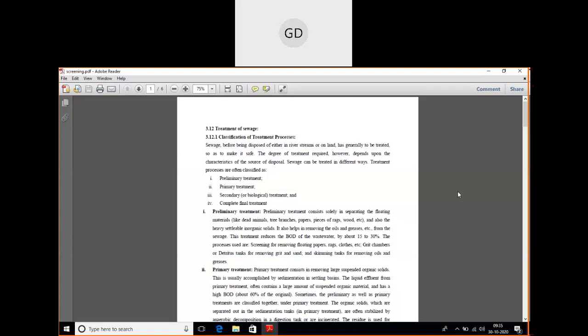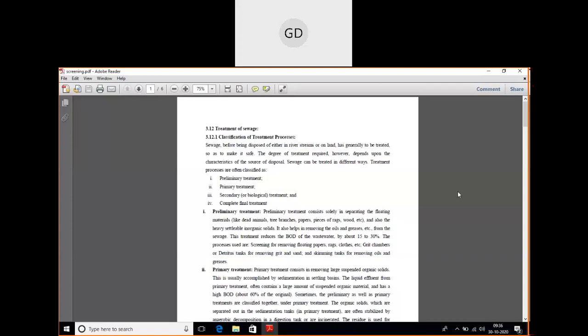Next, after the floating materials are removed, the second treatment is your primary treatment. Primary treatment removes the large suspended organic solids. It is generally done by the sedimentation process, in a settling basin.